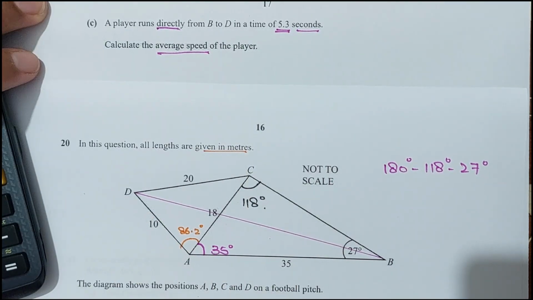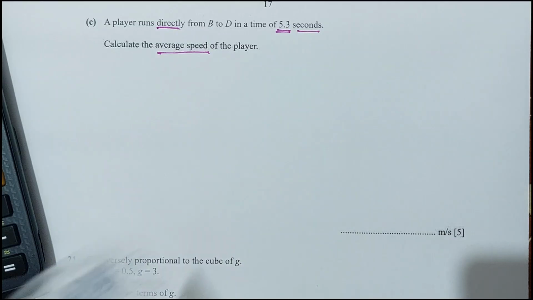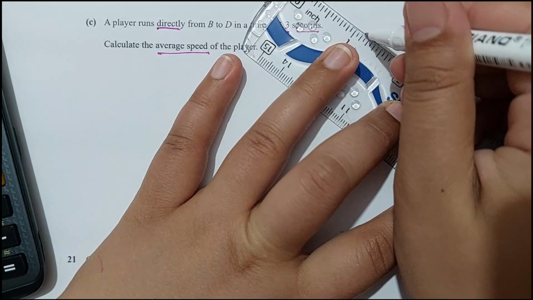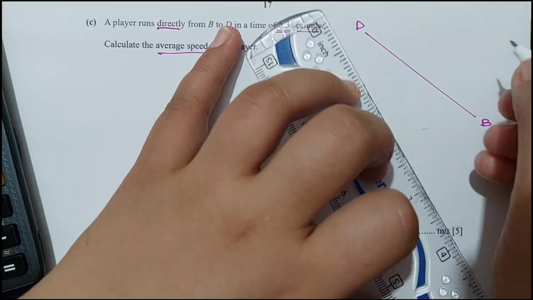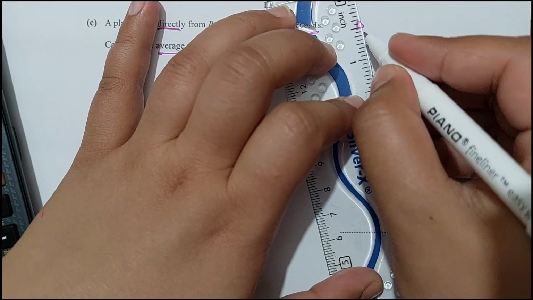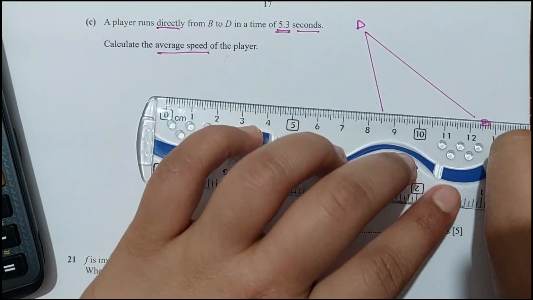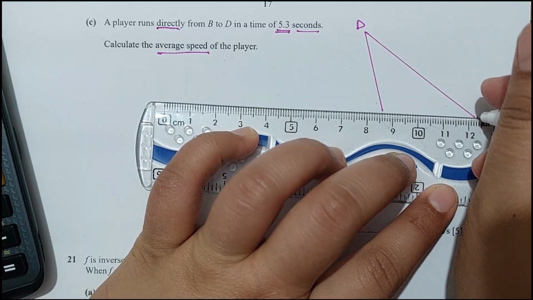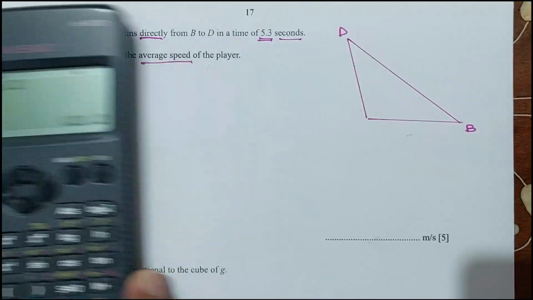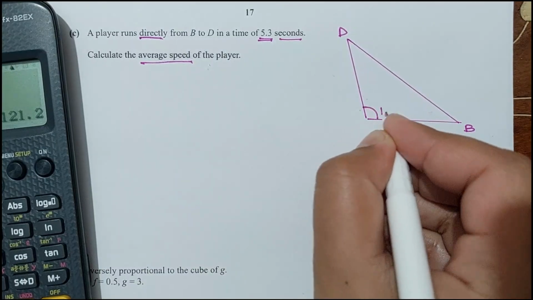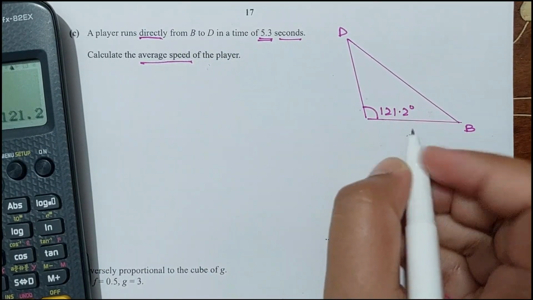Let me draw this triangle separately over here. The player runs from B to D directly. There is A, and that angle is 121.2 degrees.